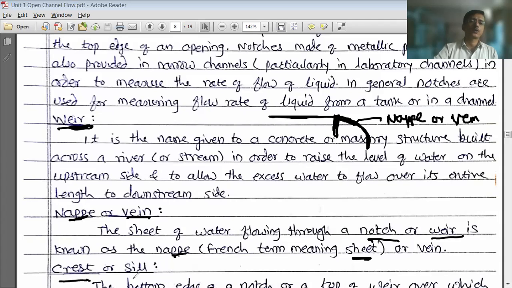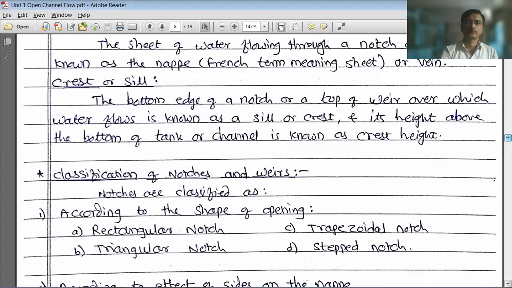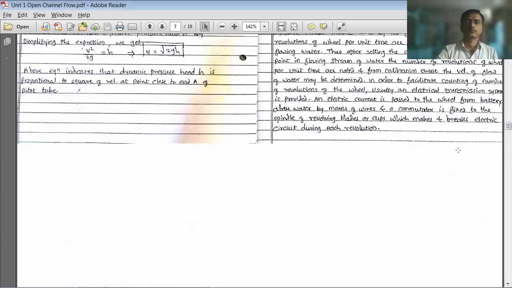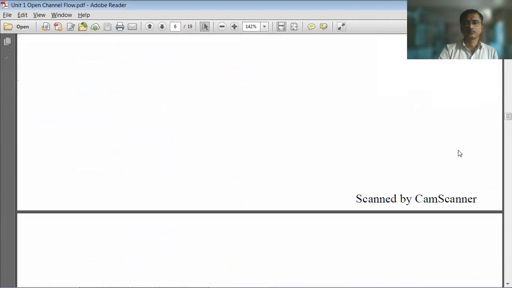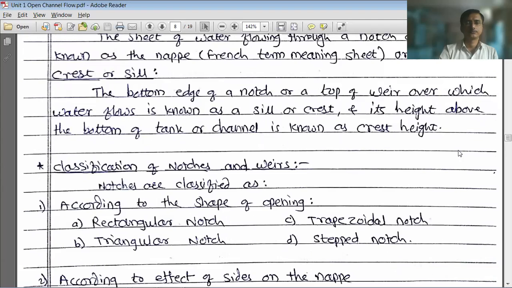Next term is the crest or sill. So what is the meaning of crest? Crest कशाला म्हणायचं? Top portion of weir or dam.